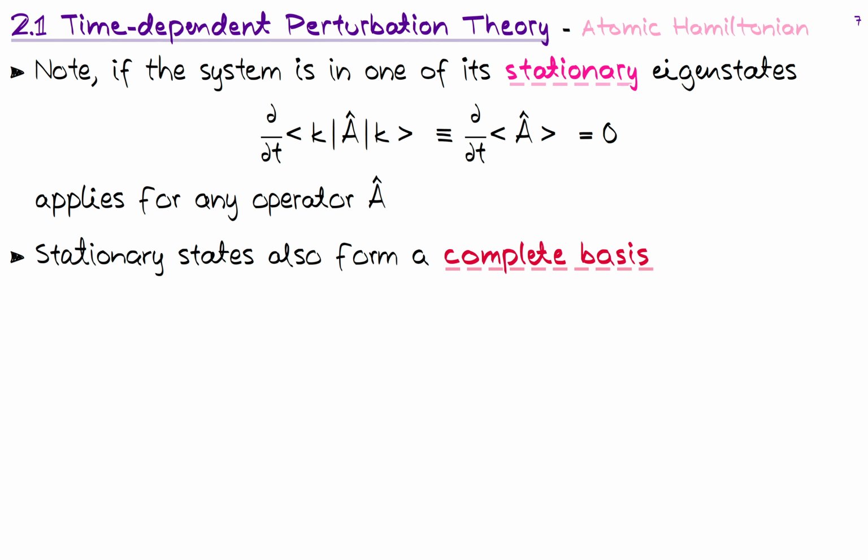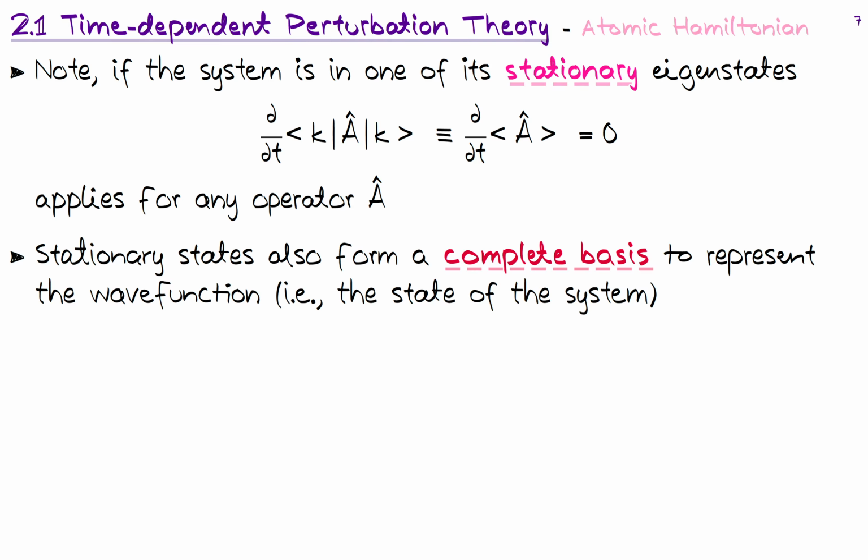Now, stationary states also form a complete basis, and this is an extremely nice property for the mathematical structure we're dealing with. Now we can represent the total wave function, so basically in what kind of state the system is. Will our electron be in the ground state, or in the excited state, or in a superposition between these states? We can describe the total wave function using a sum of these stationary eigenstates.